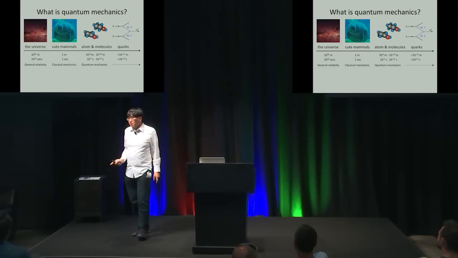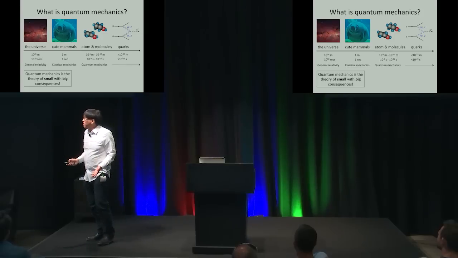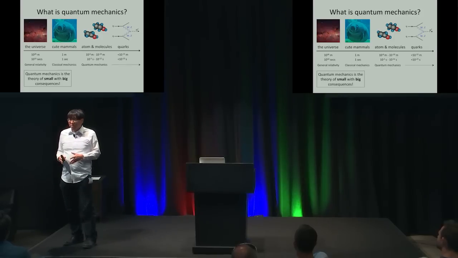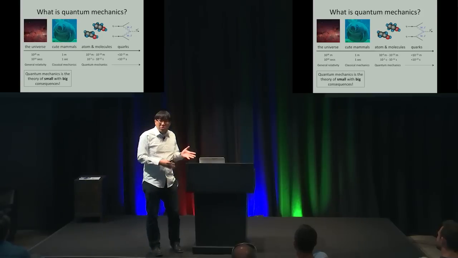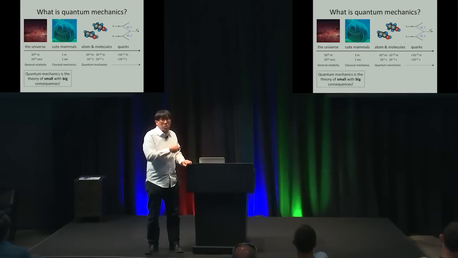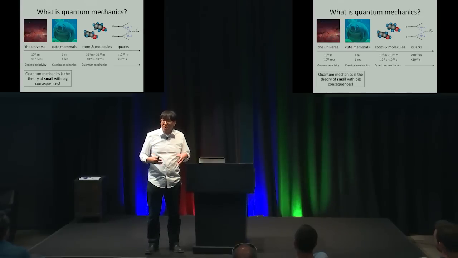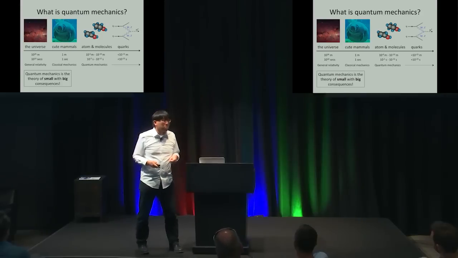I like to say that quantum mechanics is really the theory of the small, but even though it's the theory of the small, it has very big consequences, because almost all the properties of materials that you see around you cannot arise if you just do classical mechanics. They arise due to intrinsic quantum mechanical behavior.